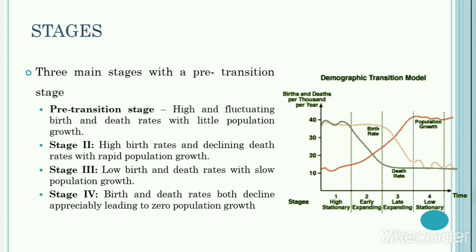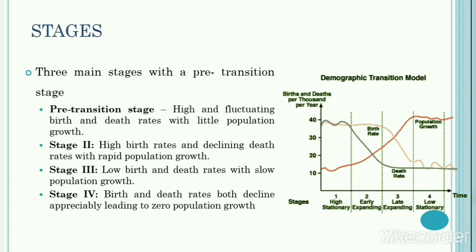In the pre-transitional stage, there are highly fluctuating birth and death rates with little population growth. Whereas stage 2 witnesses a high birth rate and declining death rate with rapid population growth.